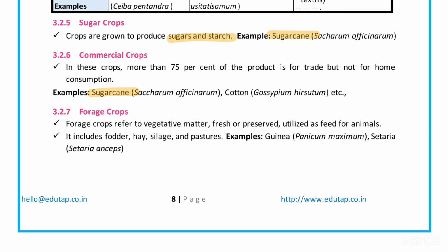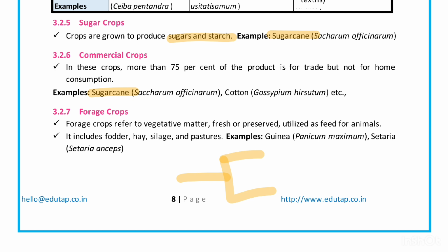Next, we have commercial crops. You can recall the term commercial; I have already discussed it when we were discussing the definition of crop. I explained that if any crop is grown for commercial purpose, it means the farmer is not only fulfilling their own requirement but also selling that crop for some economic benefit or revenue.